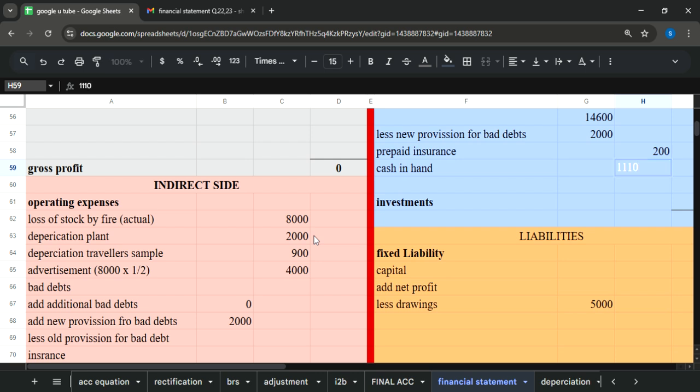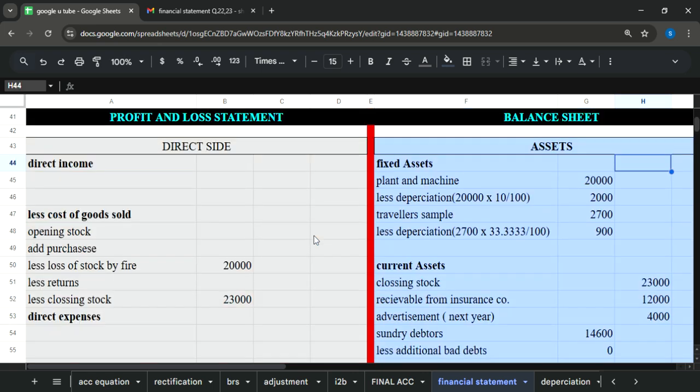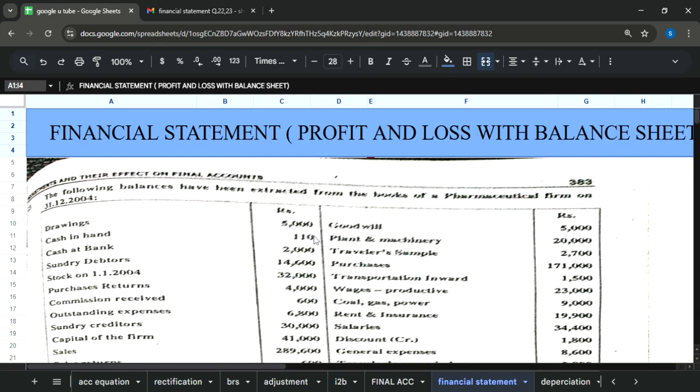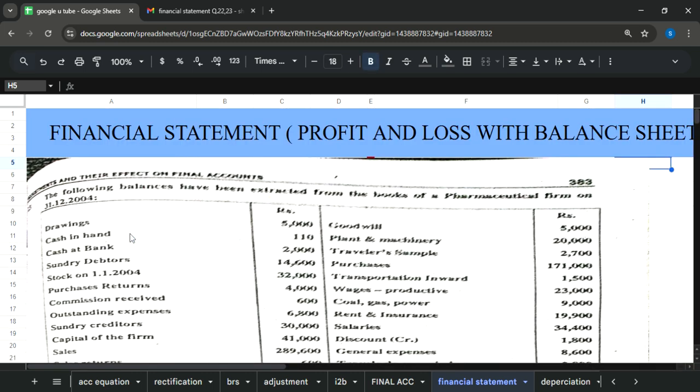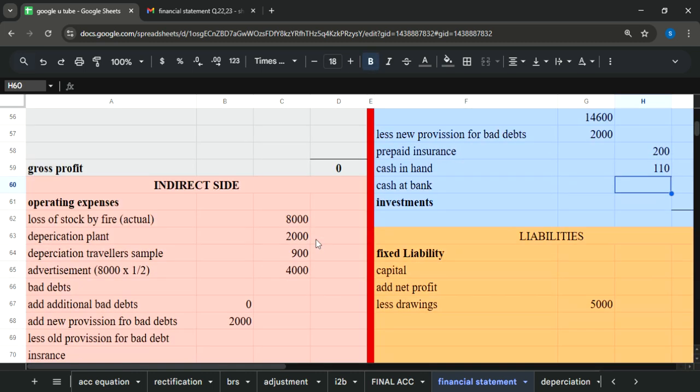Typing error. Okay, after cash in hand we have cash at bank, again a current asset. Perhaps we need a space. Cash at bank. The amount of cash at bank is 2000. Write down over here.